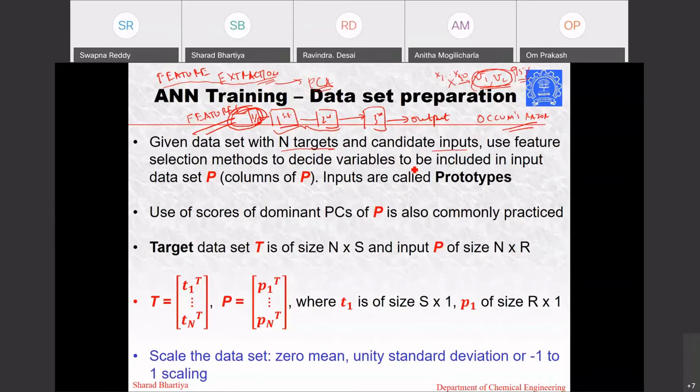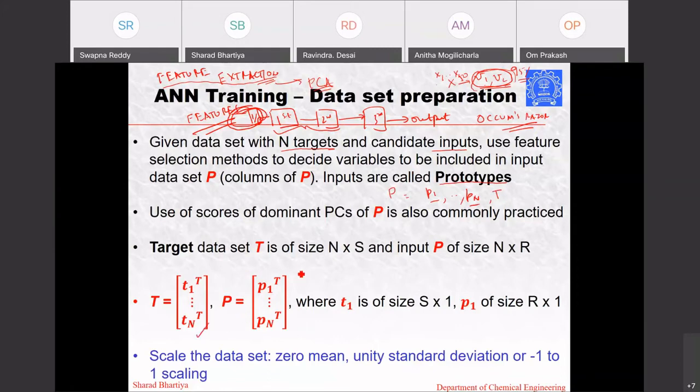I have written P here, because inputs are often thought of as prototypes. So you have P1 as a vector, and Pn is the last example or prototype. Corresponding to these are the targets.